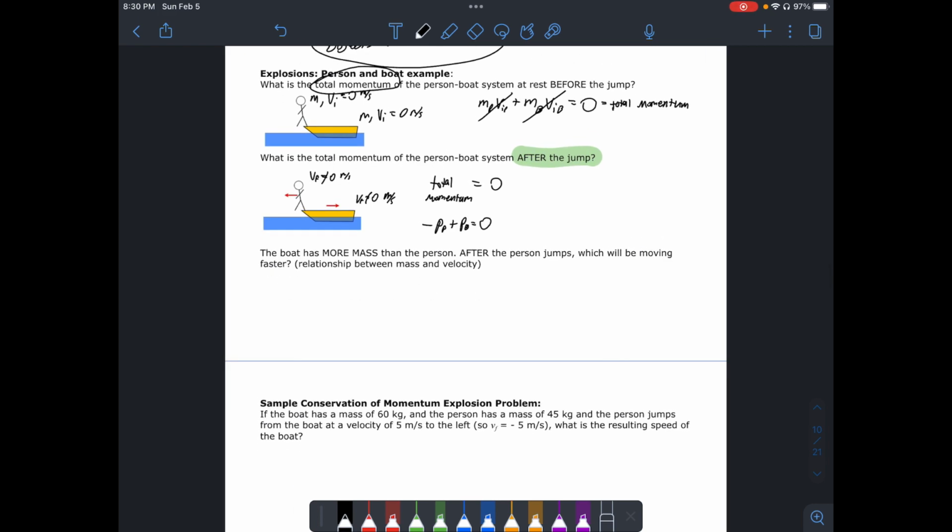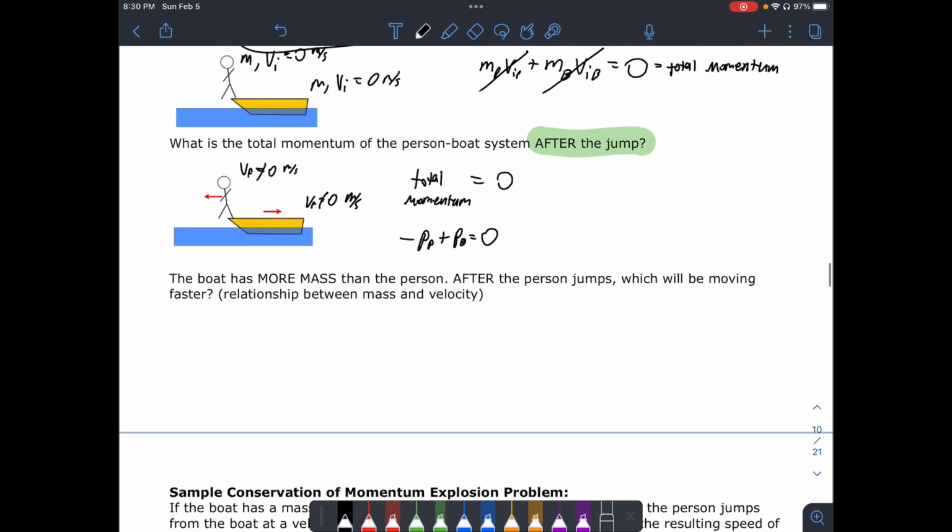So there you go. Now, usually the boat will have more mass than the person. So after the person jumps, which will be moving faster, again, this is all about momentum. Momentum is our mass times our velocity. And so let's see, if we have the mass of our person, also, I'm going to bring this down too, this will help us.